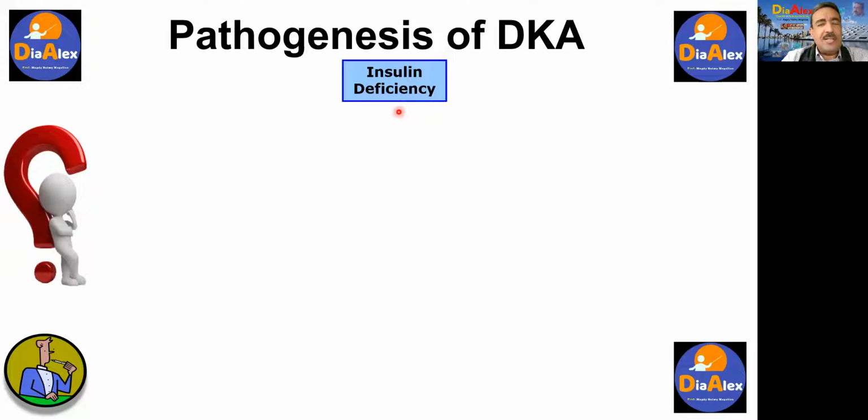Absolute insulin deficiency means that, for example, a patient with type 1 diabetes, and we know that a patient with type 1 diabetes is having absolute insulin deficiency, and the patient stopped insulin therapy. So the patient will be having absolute insulin deficiency.